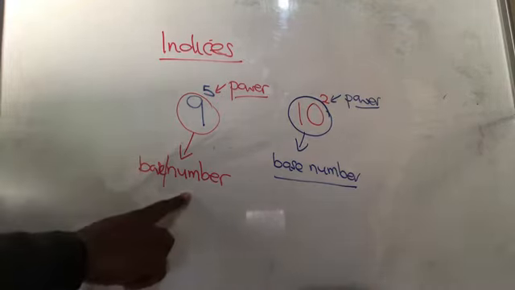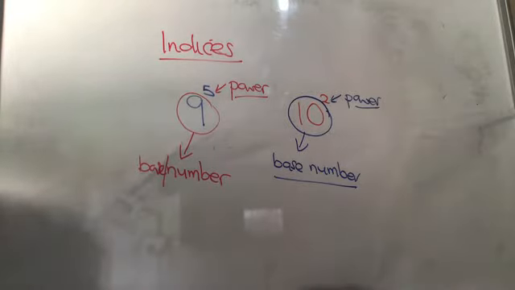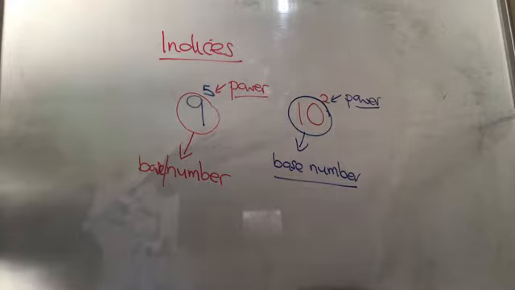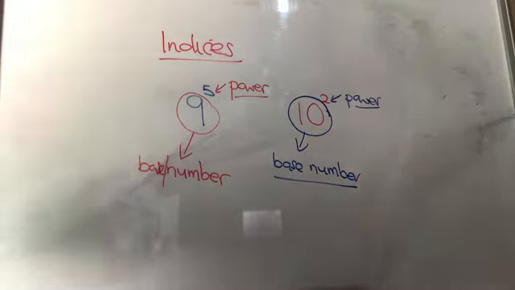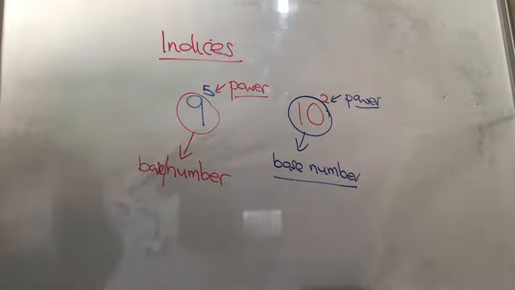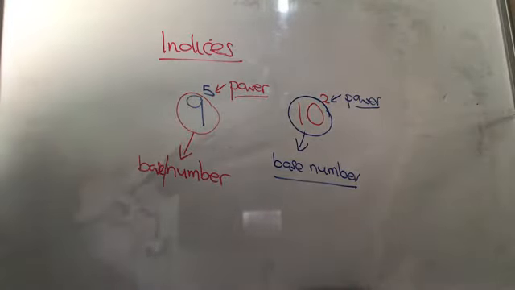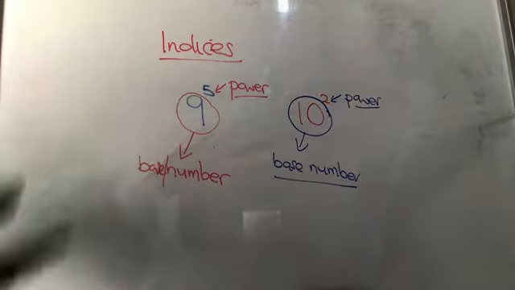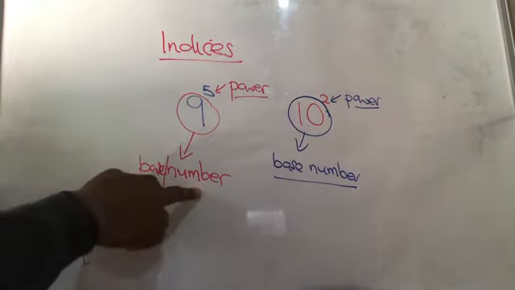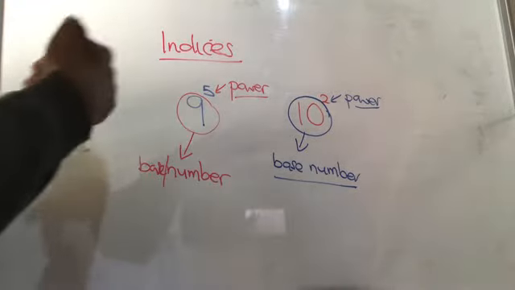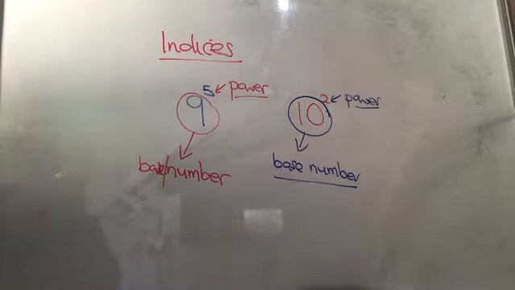Number one, they've got a base number, and they've got a power. You guys, you know shoes better than me. If I ask you about a particular shoe, you are quick to say it has got this symbol and this color. Similar to these indices, when you see a number like this, just know that this is a base number and this is a power. Are we together?